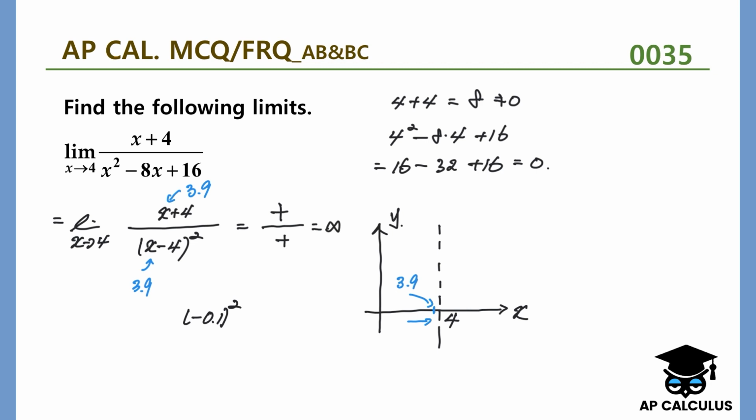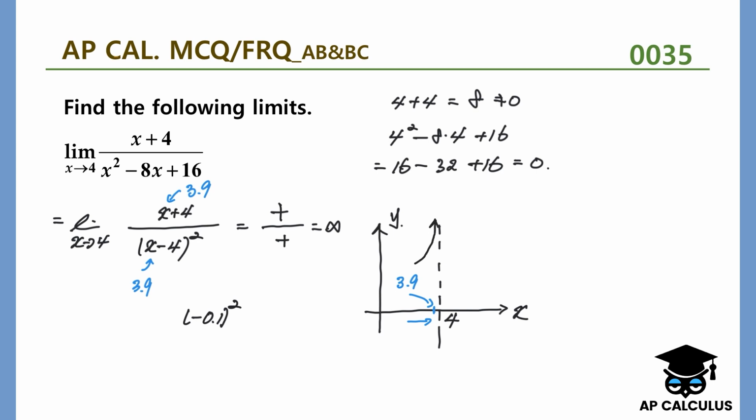We don't need the exact value when we substitute 3.9 for x. All we need to know is whether it's positive or negative. So as x approaches 4 from left hand side, the whole expression is positive.